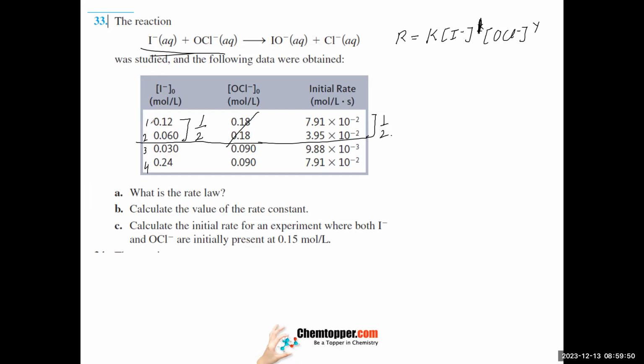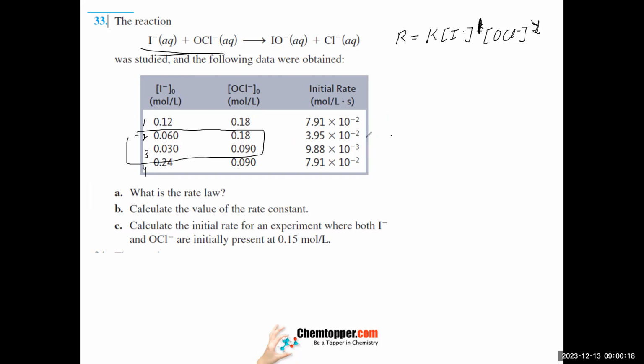You've understood why I picked up 1 and 2. But what should I do for Y? Is there any value of I minus which is constant in any of the experiments? Is the I minus constant? No. So don't worry. You pick up an experiment in which OCl minus is changing, like let's say 2 and 3. And then plug in the values.